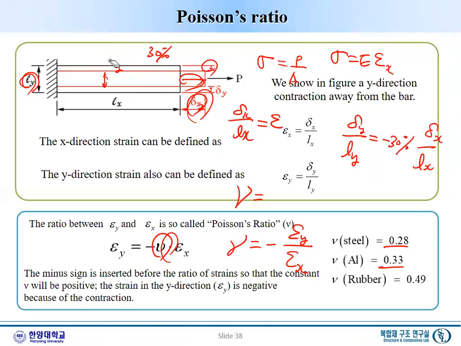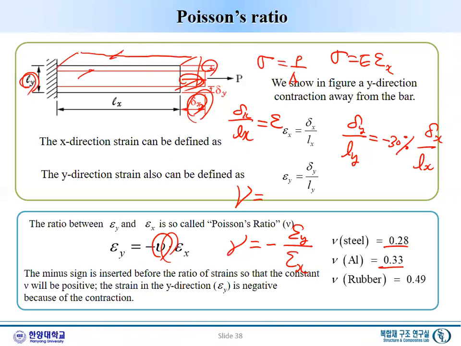But there is not only this, there will be another Poisson's ratio. And this one is also a shrink. So when you extend, this will shrink and that will shrink.